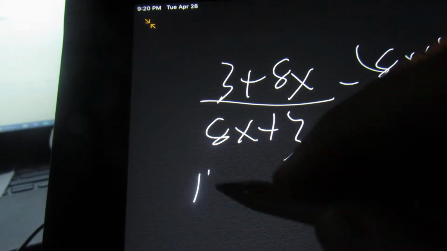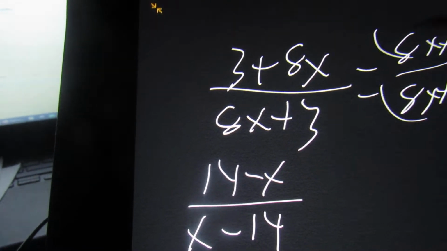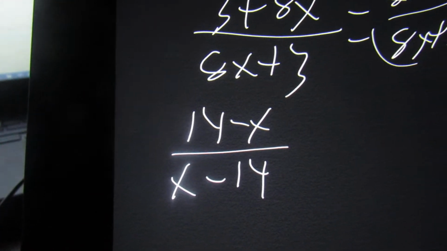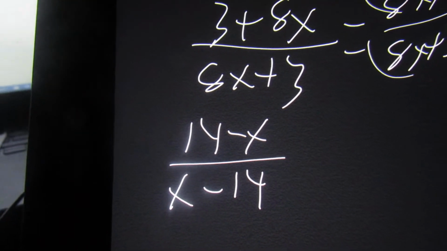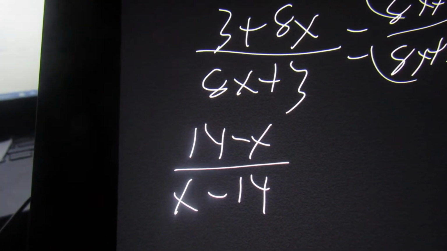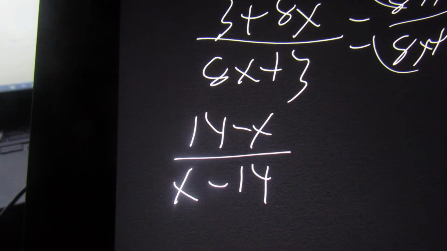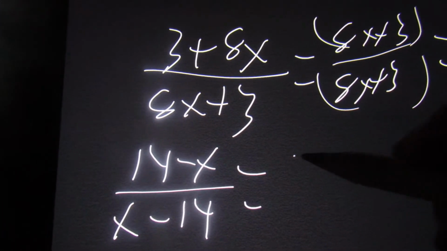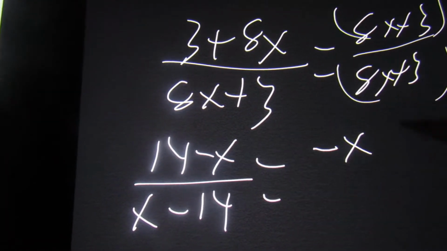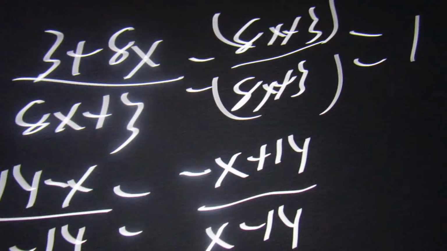However, let's say we have 14 minus x over x minus 14. Now we have the same thing as each other, except we have minuses in between. So this is the situation that I talked about in the chapter 7 video, where we rearrange one of them so that we have x's on top. So I'm going to rearrange this, so this is going to be a minus x, and it was plus 14, over x minus 14.